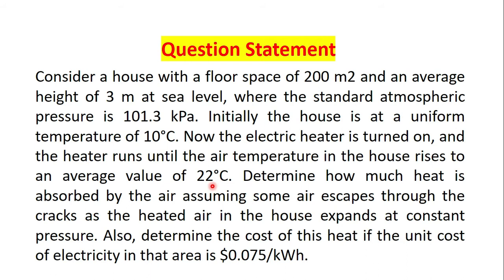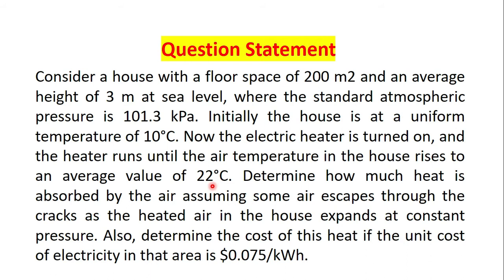So the first question is, determine how much heat is being absorbed by the air, assuming some air escapes through the cracks as the heated air in the house expands at constant pressure.